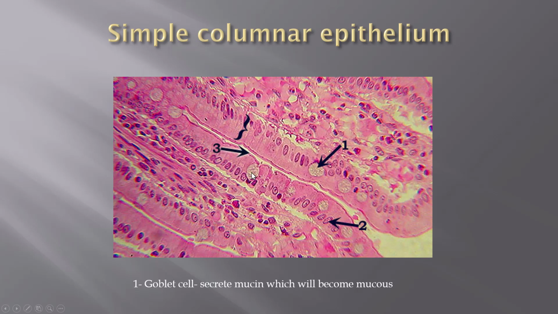One of the things that you do have to know for the test is this cell right here. This is called a goblet cell. Goblet cells secrete mucin, which becomes mucus, and it lines these tissues.